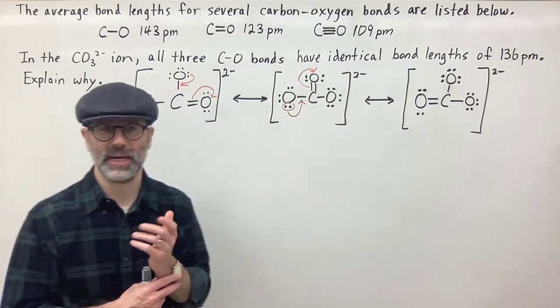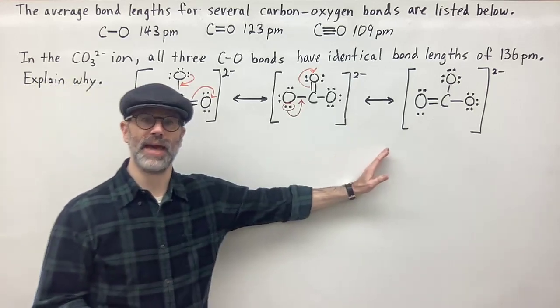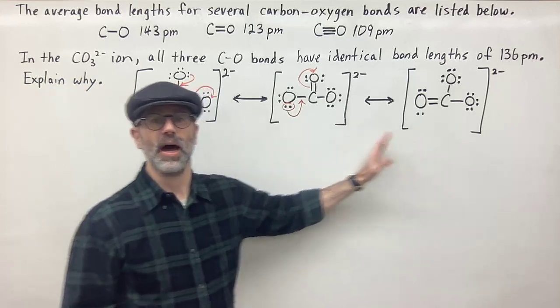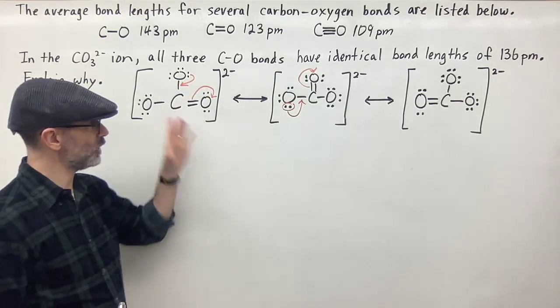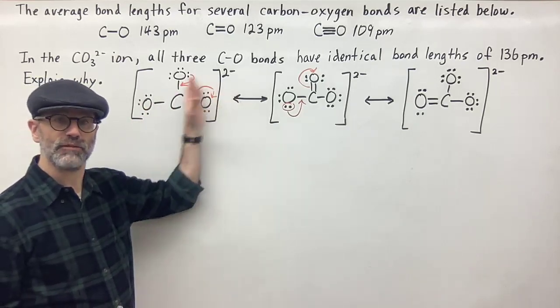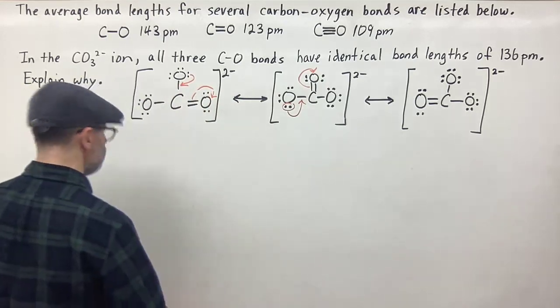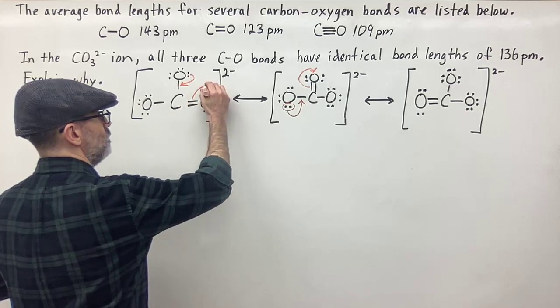That's not what's happening at all. This is just a way that we can depict that. But what's really going on here is that the double bond character is shared evenly among all of the atoms.